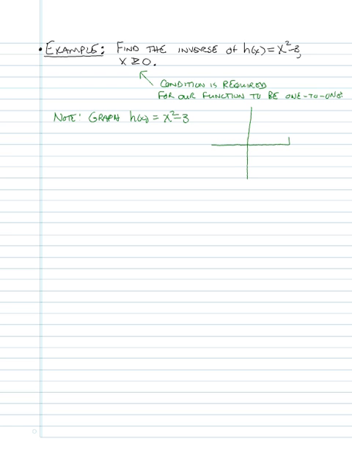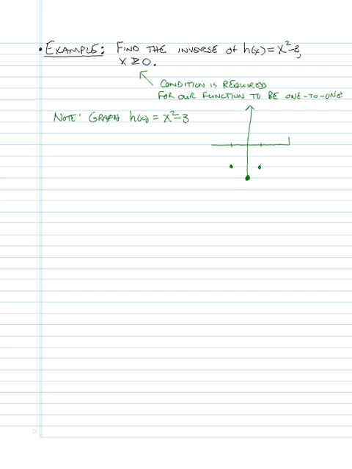See, if x is 0, y would be negative 3, so that would be right here. And if x is 1, let's see, y would be negative 2, which would be here. And if x is negative 1, y would also be negative 2, which would be right here.